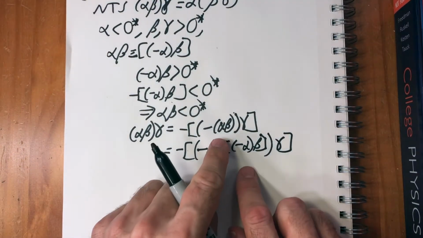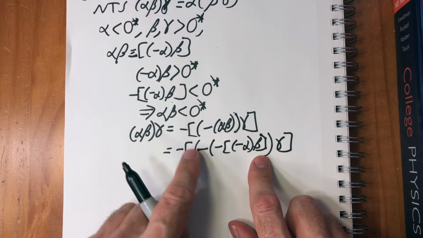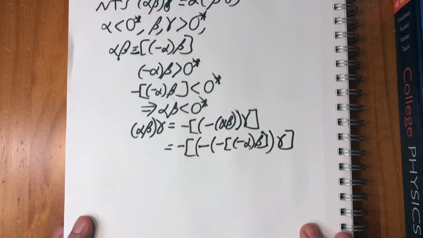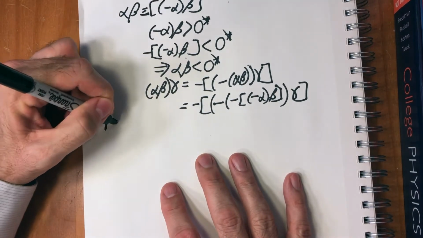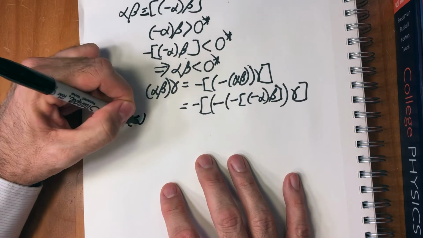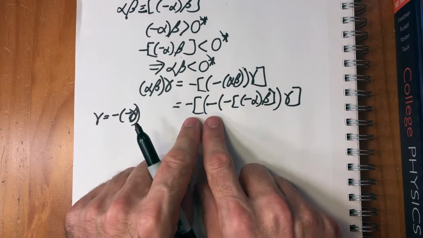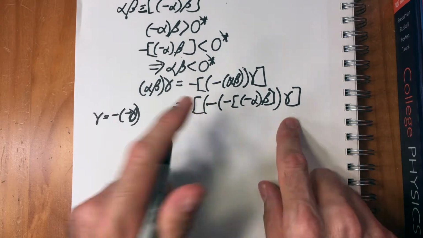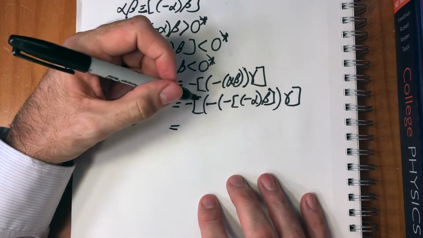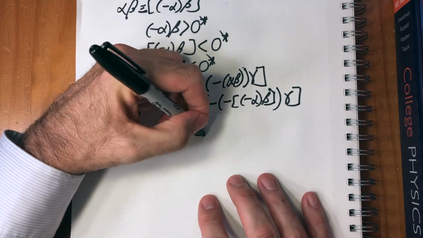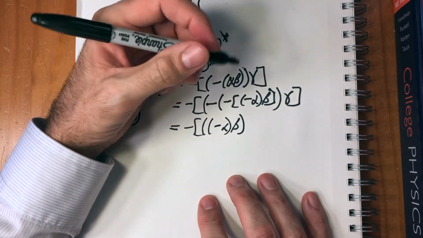Okay, so what I did is I just replaced this with its definition, which is this. The rest of it's the same. Okay. Now, using the rule that minus minus gamma equals gamma, we can take away two of these, and then inside, it's this times this. So we can get rid of these two. So this equals minus gamma.